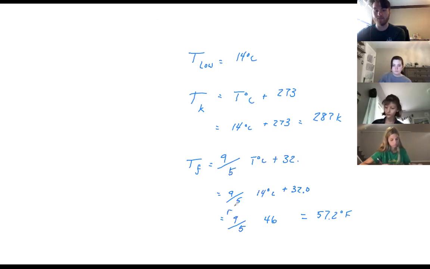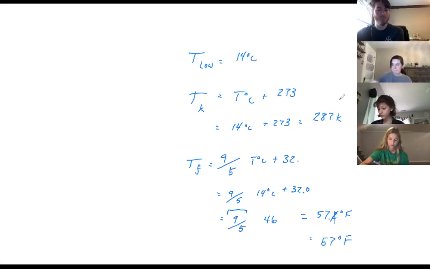This 9/5 by itself is a given. You don't need to worry about that. But this 14 absolutely is a measurement. This has 2 sig figs, and now we add in our multiplication sig fig rules, meaning we need 2 sig figs in our answer. We drop the 0.2, and our final answer is 57 degrees Fahrenheit.